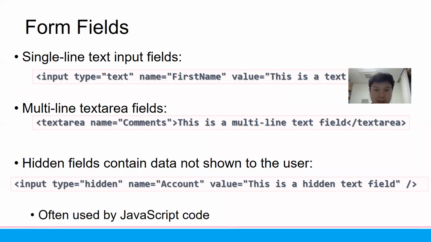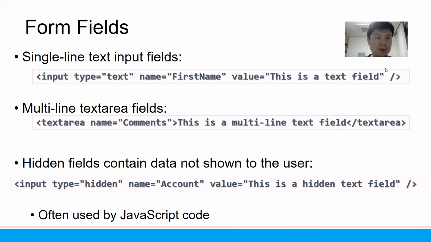The first is to know about the input. The input means I would like to get the user's data. If the type is text, then we are going to get the input as a text.